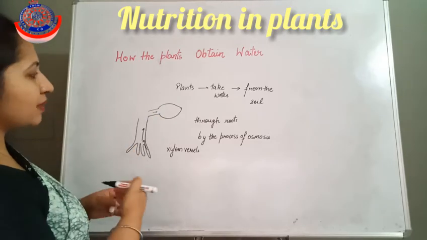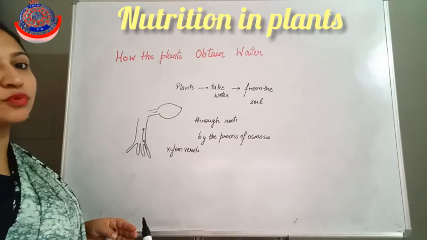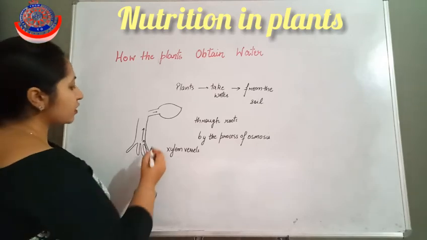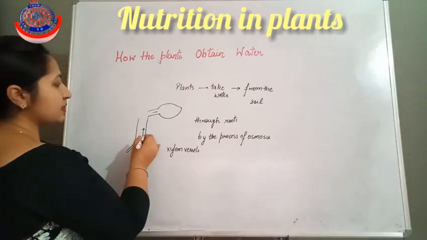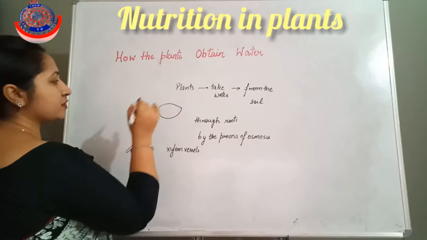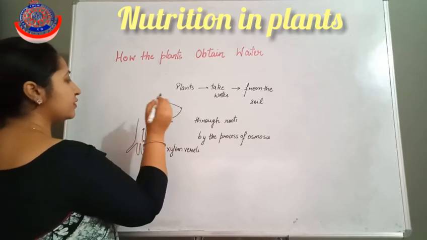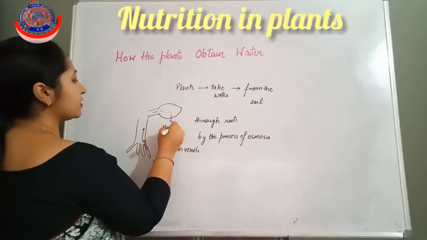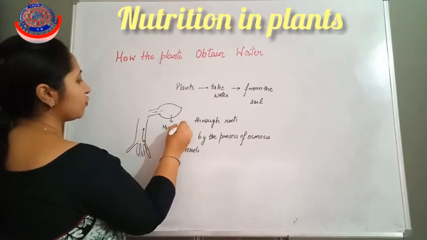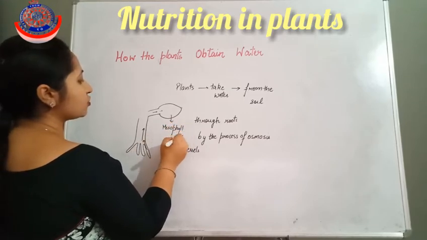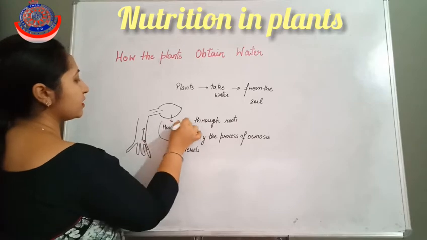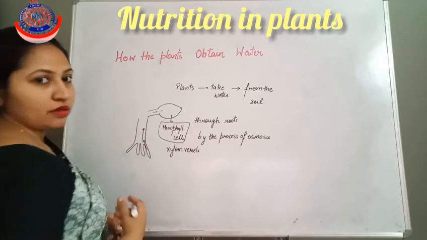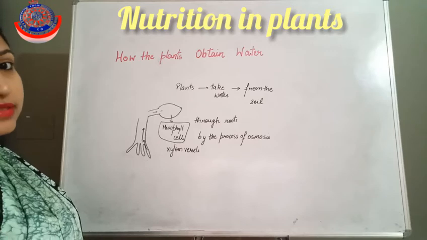So they make a channel for the transportation of the water from the roots to the stem and to the leaves. And here in the leaves, the water is transported to the mesophyll cells, which are also known as the photosynthetic cells, for the process of photosynthesis.